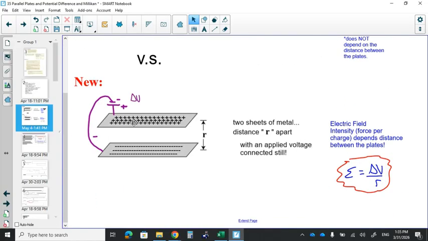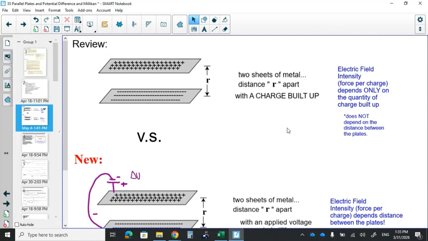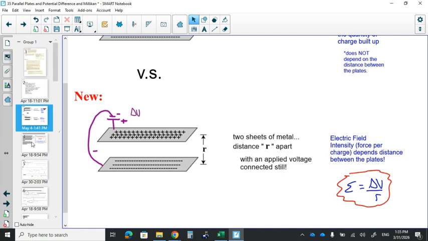Whereas you are going to see today, if you have a voltage applied across the plates, so there's a potential difference across the plates, then the electric field intensity is actually delta V, the voltage across the plates, over the distance between. So it actually completely depends on the distance between the plates. And it's odd that you have that distinction, but we'll look at it and hopefully make it make sense to you.